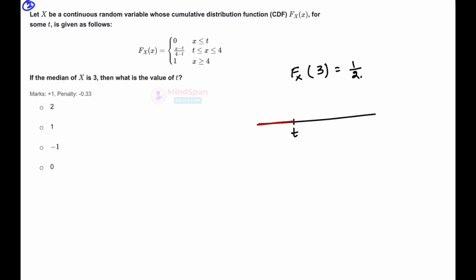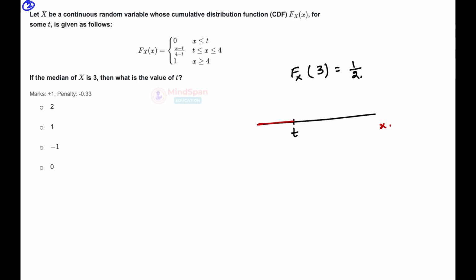So obviously the median cannot be within this range. Why? Because we should have at least half of the probabilities. As per the CDF we have been given, we haven't accumulated any probabilities till this point t. So this is the x that this random variable is taking, right.